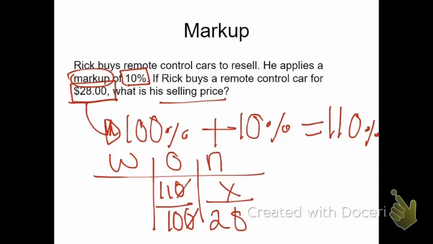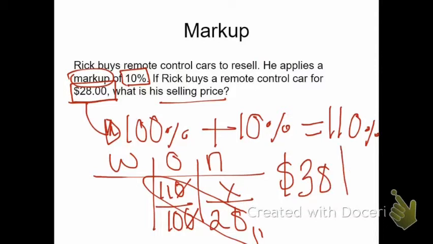So we can do 11 times 28 divided by 10. And so what Rick is charging his customers, or what he's selling the remote control car for, is $38. He bought it for $28 and he sells it for $38.